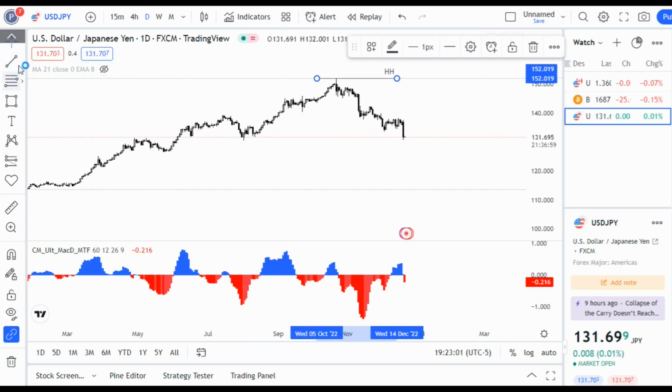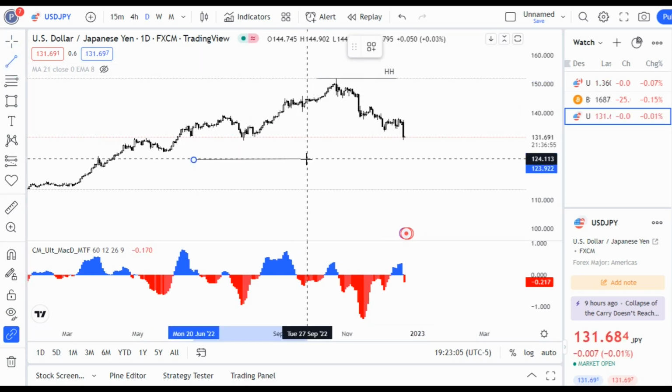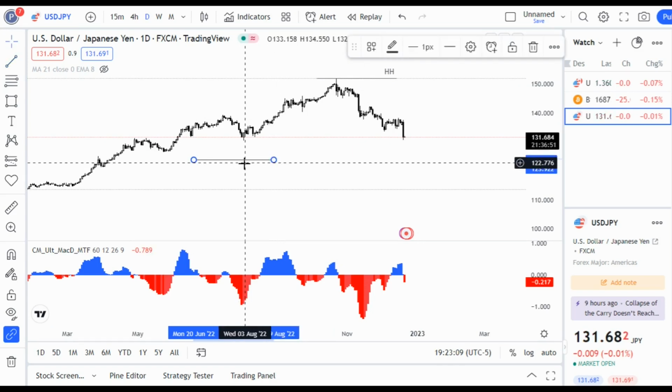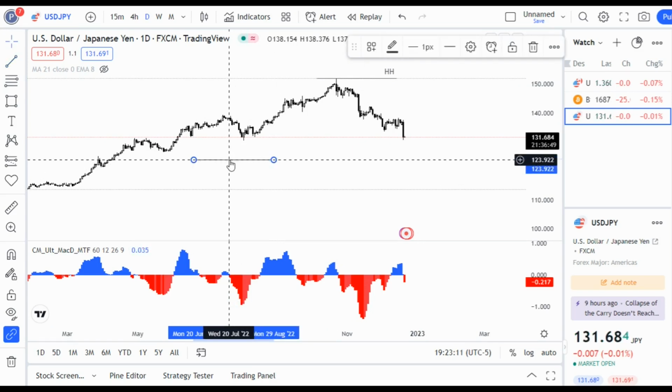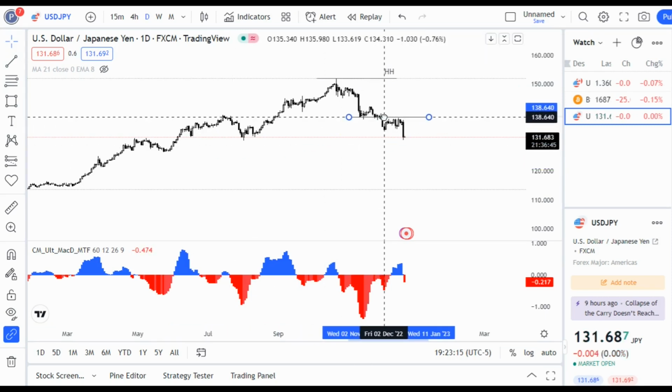Let's consider this line. It's coming down, so this one will be a lower low.